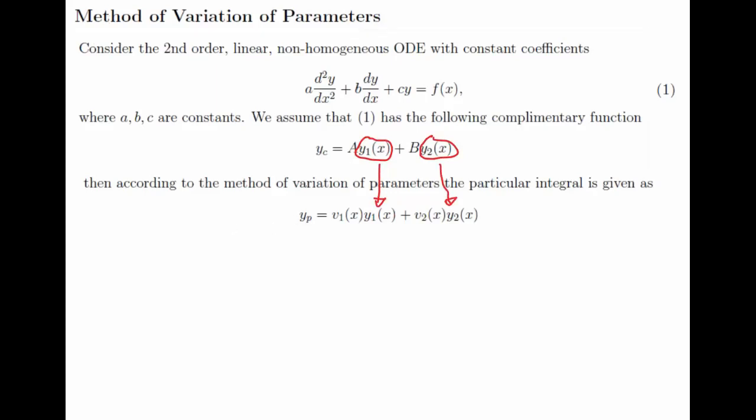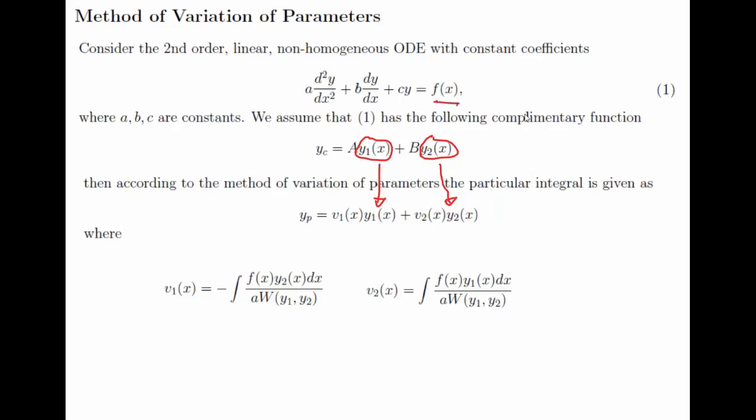And these v1 and v2 are new functions, which are defined as follows. v1 is minus f(x), where f(x) is the right hand side, times y2, over A times the Wronskian W of y1, y2, and A is the constant that you see here.